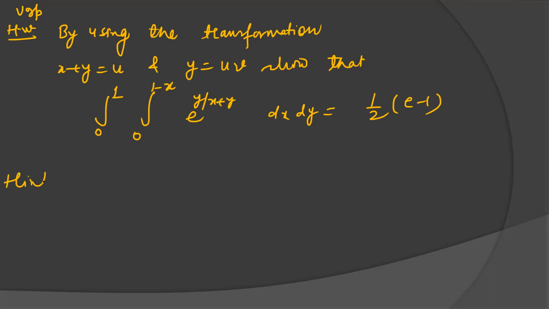I'm giving you a hint also. If you see carefully, this is the limit in terms of the x variable. So this will be the limit of y, and obviously this will be the limit of x. So x is from 0 to 1 actually.